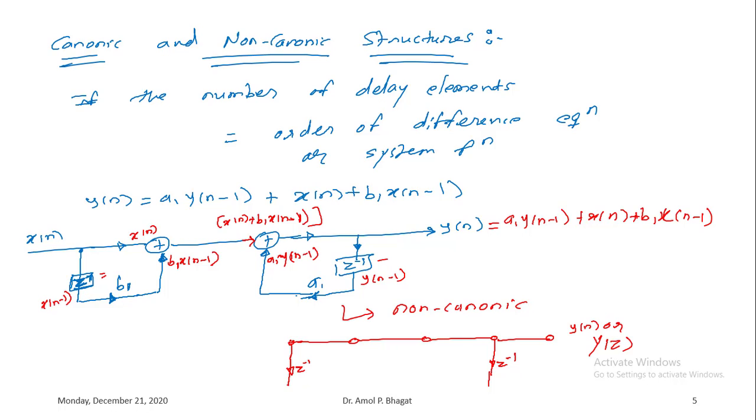Here the input is x of n or capital X of z. From this point again, this constant b1 is feed forward, and this is the feedback constant a1, correct? So this is the signal flow graph for this second structure. But it was non-canonic.